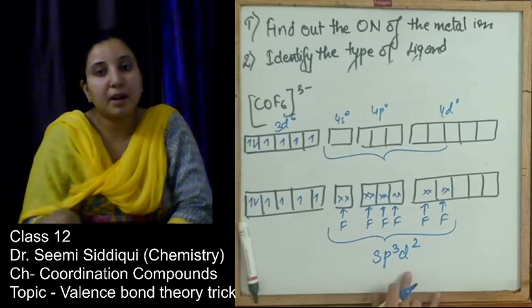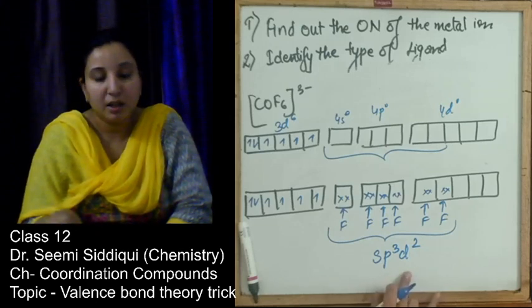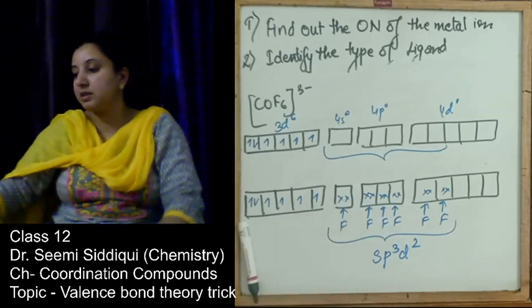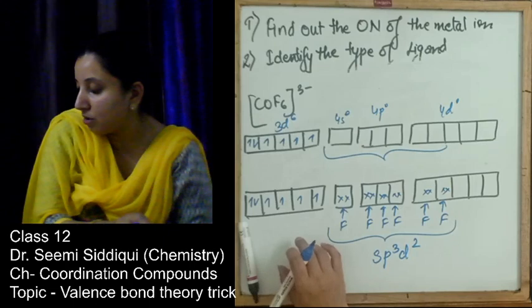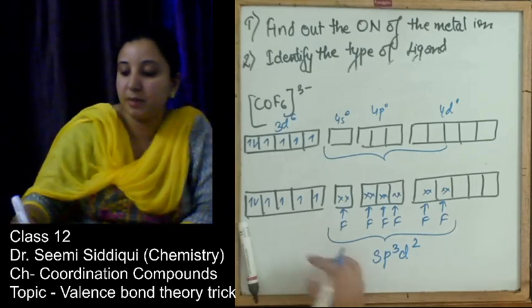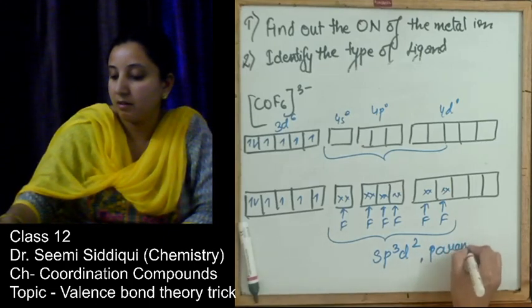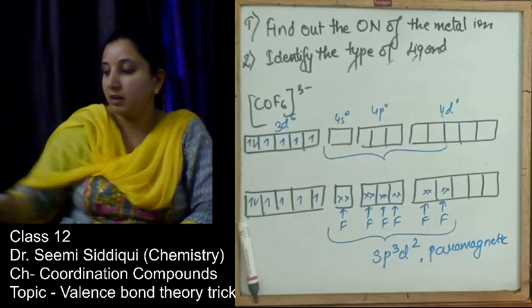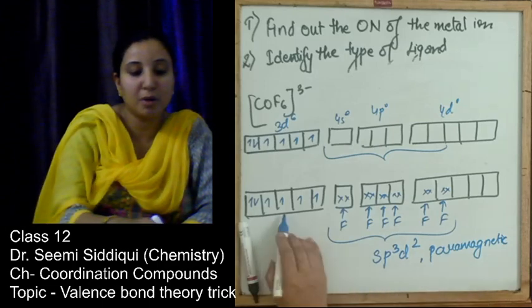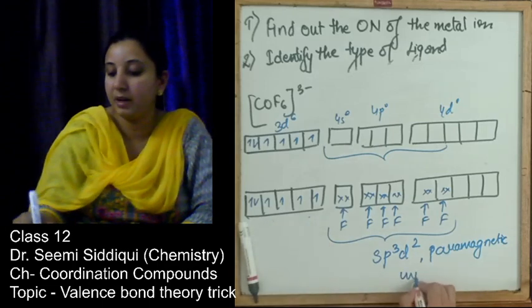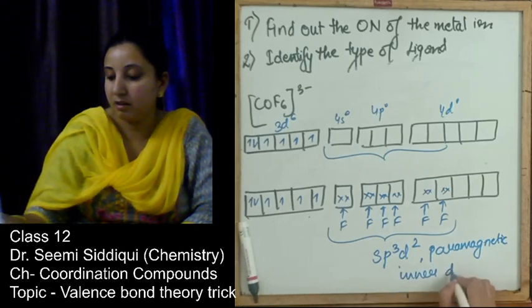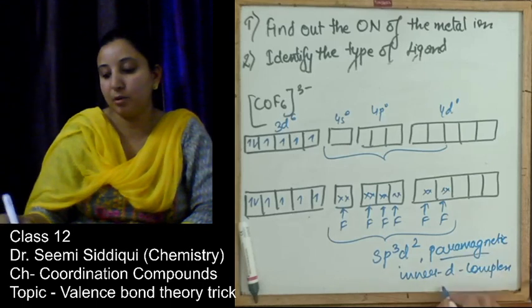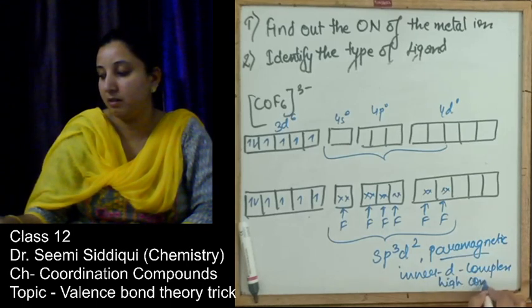Therefore its hybridization is sp3d2. Because there is the presence of unpaired electrons, it will be paramagnetic. Besides being paramagnetic, because the d orbitals are involved, it is an outer d complex, and due to paramagnetism, it is going to be high spin.